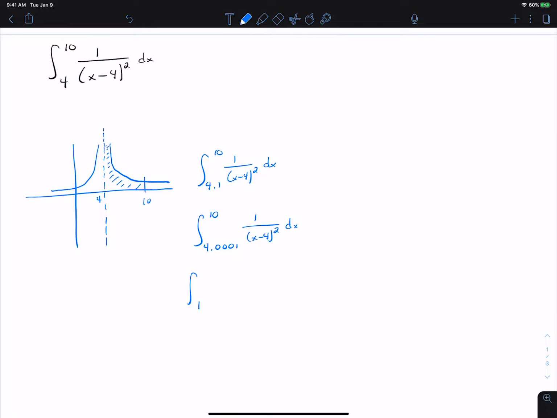And if I did the integral from 4 point a lot of zeros and a 1 to 10, that would be a normal integral. If we drew it on the graph, those regions would be closed, so it would be a finite area. So these for sure would all have answers.